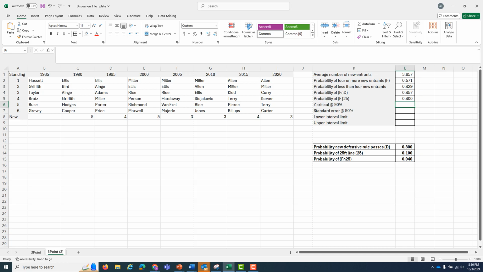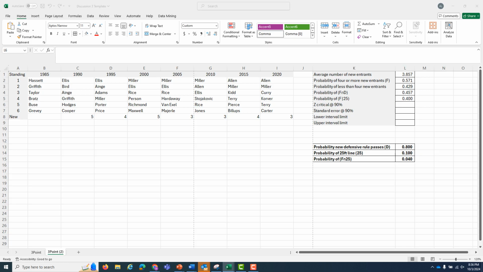The last thing that we're asked to do is construct a confidence interval for the range of probabilities that we have that 4 or more new entrants are going to enter the list during this upcoming period. Well, to do that, we need to construct a confidence interval. And the first part of the confidence interval we need is our Z critical value.